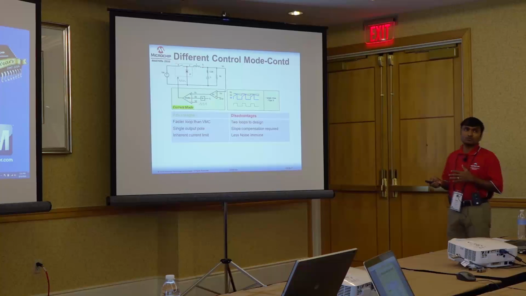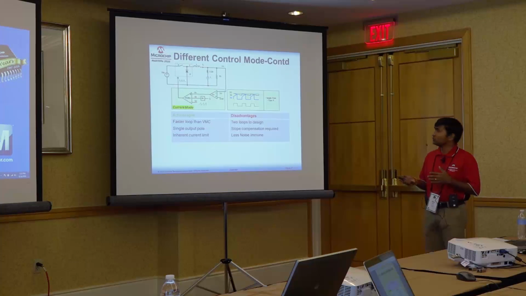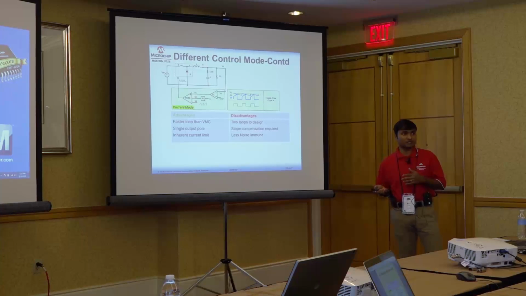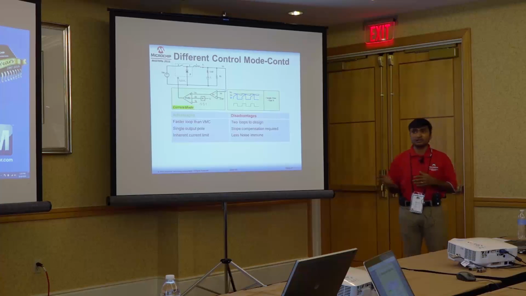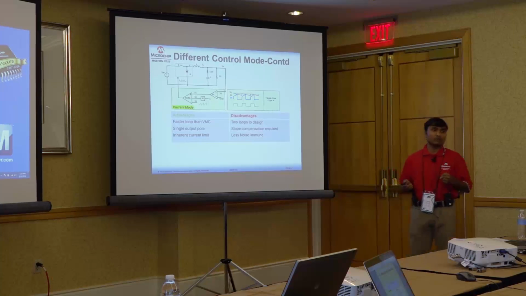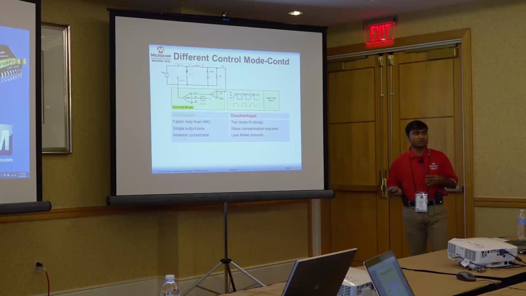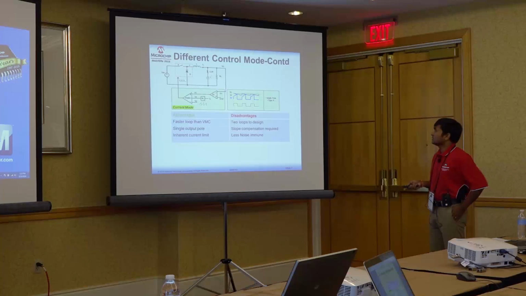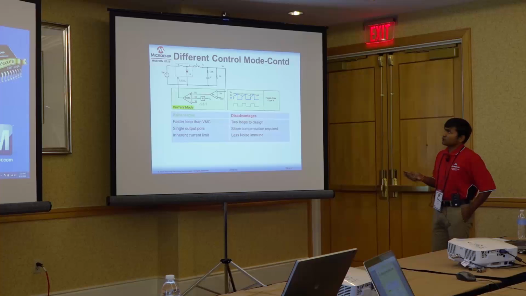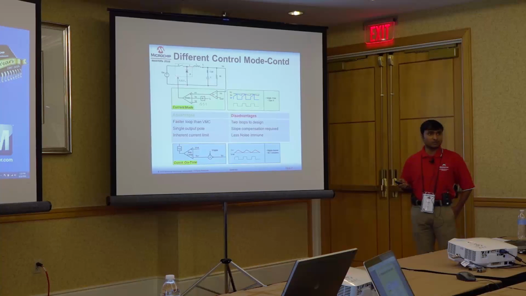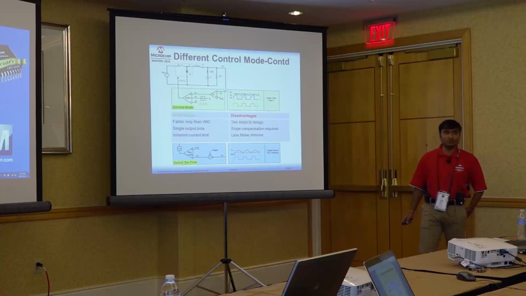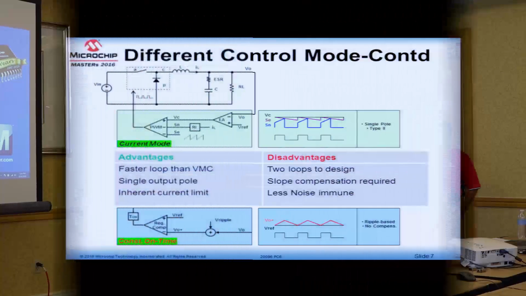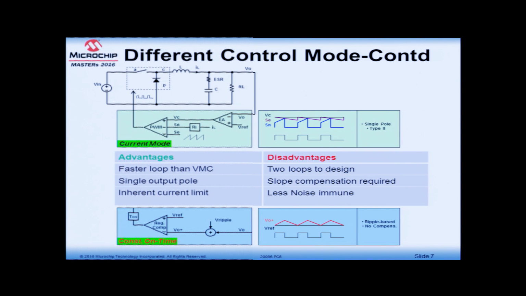So, these are the two popular methods used in the industry. In the current mode there are different versions: valley current mode, peak current mode, average current mode; there are many methods. Out of these, there is also another control mode technique that is popularly used in the industry, the constant on time control technique.